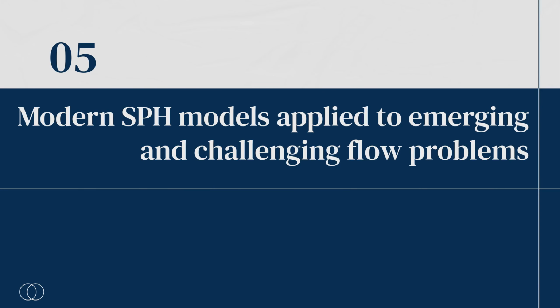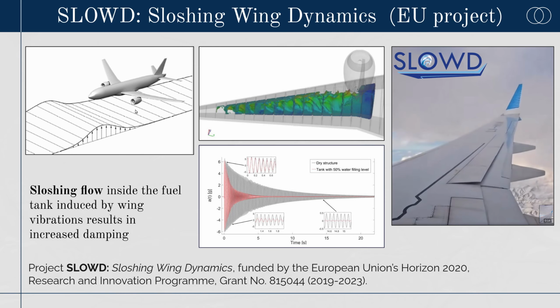We can now move to the final topic of this presentation, focusing on how these modern SPH schemes can be applied to emerging and highly challenging flow problems. The first application is related to the European project SLOW-D, Sloshing Wind Dynamics, which focuses on the sloshing dynamic of the fuel tank inside an aircraft wing.